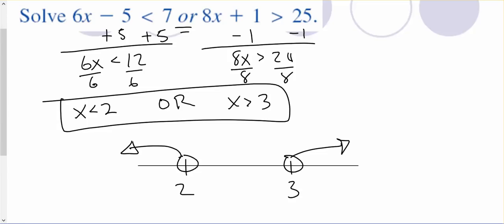All real numbers less than 2 or all real numbers greater than 3. So my solutions again are numbers that are bigger than 3 and numbers that are less than 2. Are we including 2 and 3 as a solution? No, we're not, because we don't have equal signs with our inequalities. We can tell graphically because we're using an open circle.